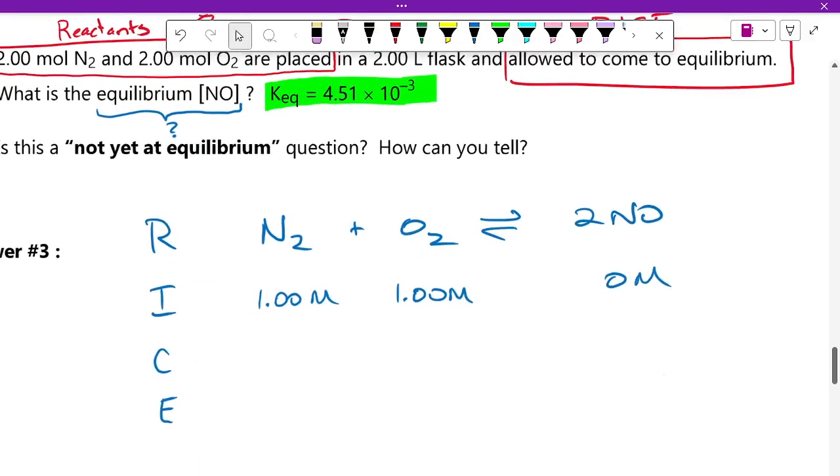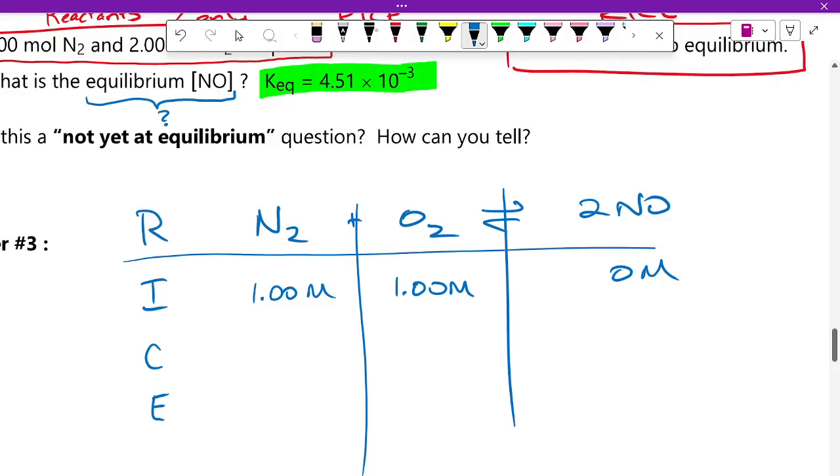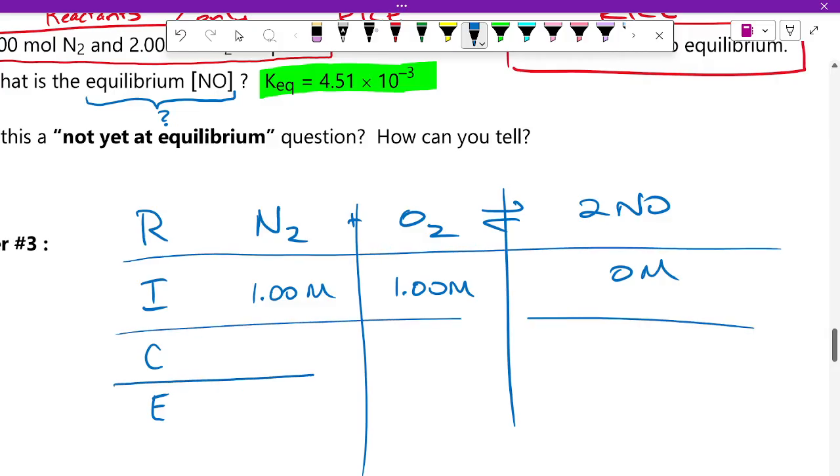How did we do with getting our initial line of our table? Yeah.